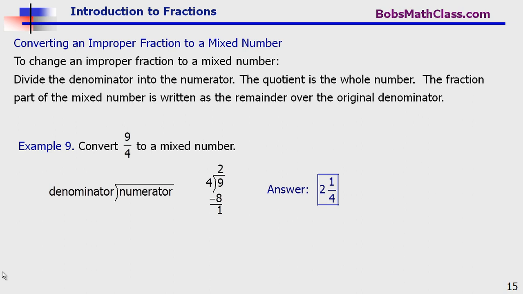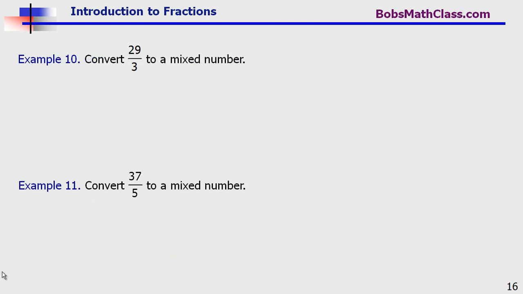Okay, let's do some more problems. Convert 29/3 to a mixed number. You might want to pause and then go ahead and work these out. Okay, let's divide the denominator into the numerator.